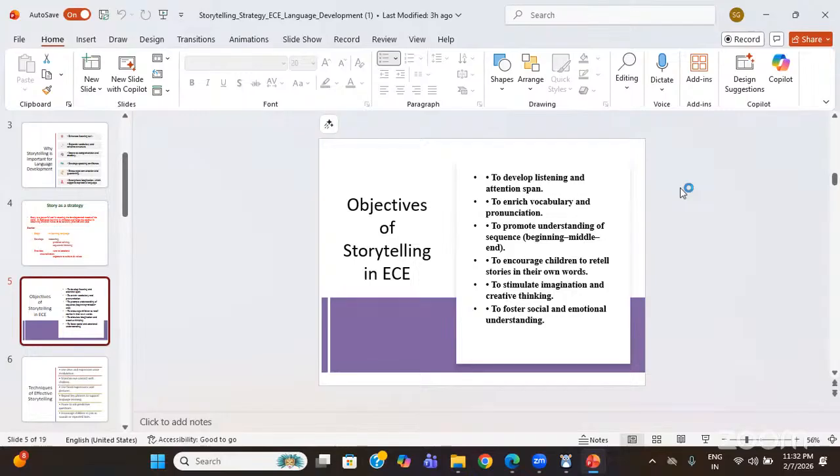Now, when you ask the child after listening to the story in many ways, finally you will ask the child to narrate the story, isn't it? So, there the child should be able to narrate the story in his own sentences, expressing, and then in a sequence.